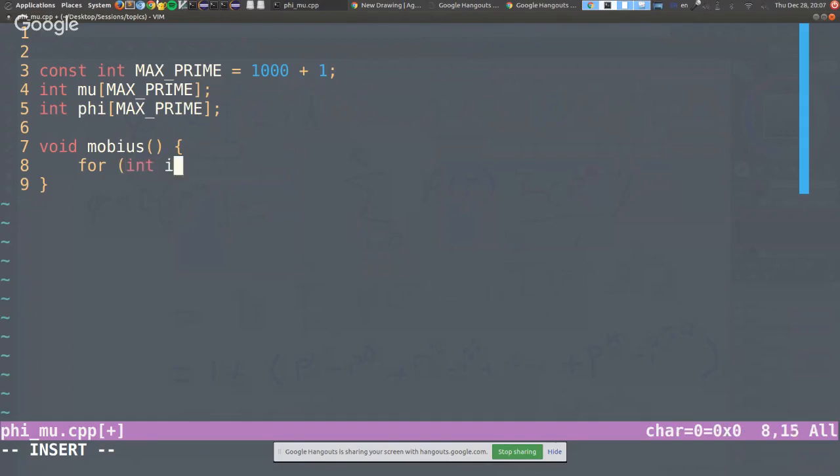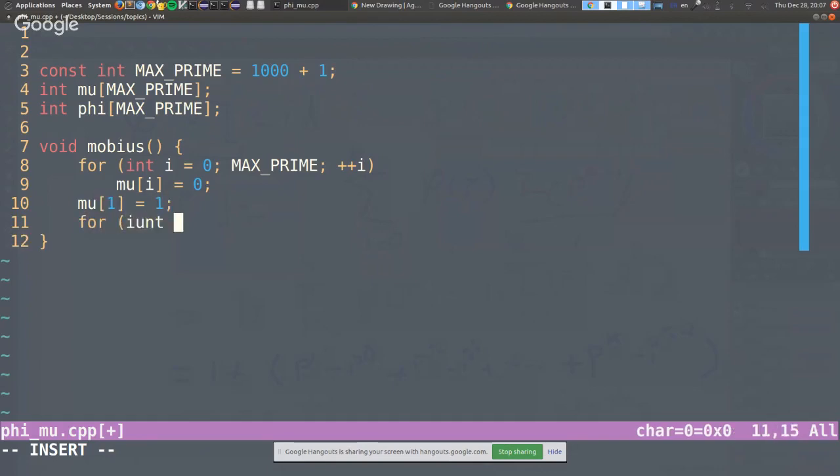So here we start with, so still we'll try to compute the mu for all the numbers from 1 to n in the sieve-style way. So start first, all the mu's to be 0, and put 1.